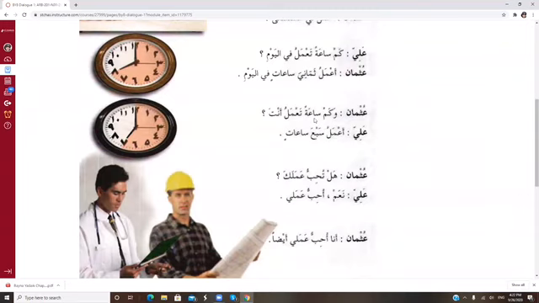So remember that with kam, the noun following it will be a singular noun and will always be in the accusative case. And we'll see more about that next week when we're doing the exercises and the drills.